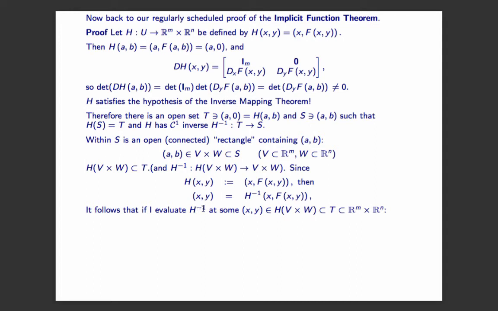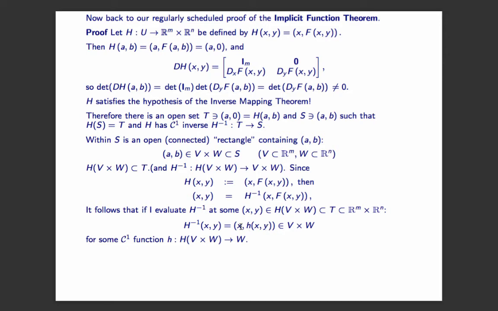But if I want to evaluate H inverse at some (x, y), which is contained in the domain of H inverse, which is the image of H of V by W, the x gets taken to x, but the y gets taken to some function of x and y.